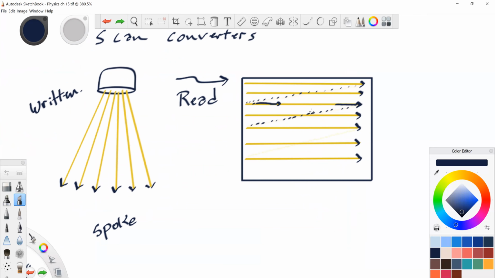We're taking information in a spoke pattern. What does that mean? Well, in a pattern that's kind of up and down. You know, there's a pulse, and then there's an echo going back. And in that direction is up and down.